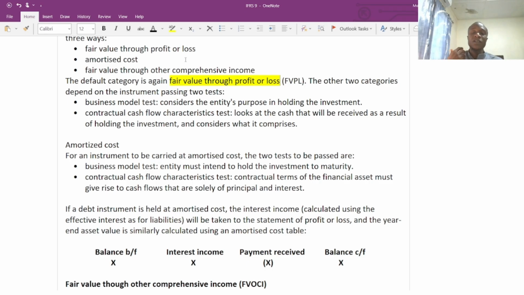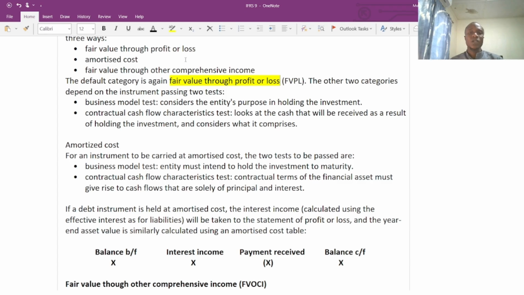If the investment is held for capital appreciation within a year, then we need to look at whether we are going to account for it as profit or loss, or as other comprehensive income. So the basis of holding the investment is very important.